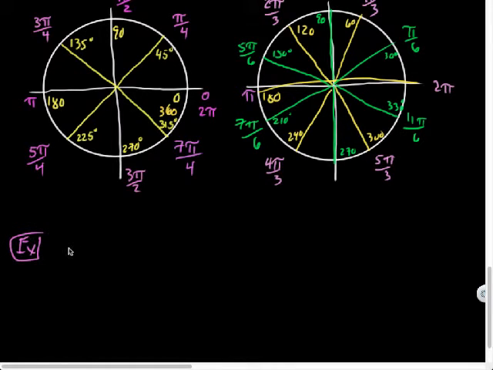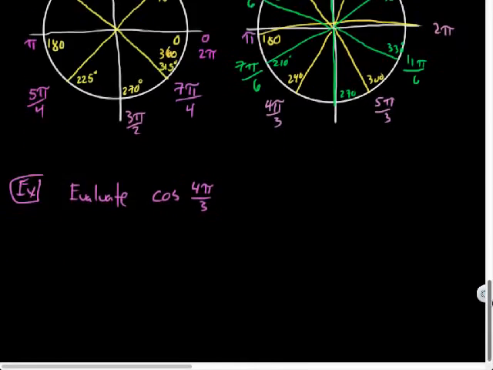Now this is going to be a bit of a stretch here, but let's evaluate what is cosine of 4 pi over 3. Cosine of 4 pi over 3.